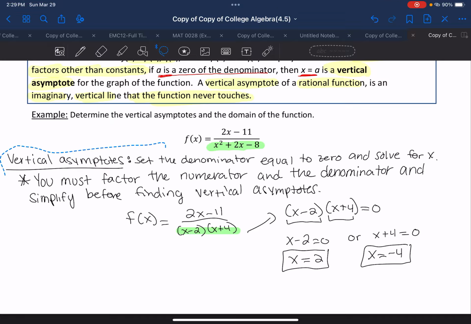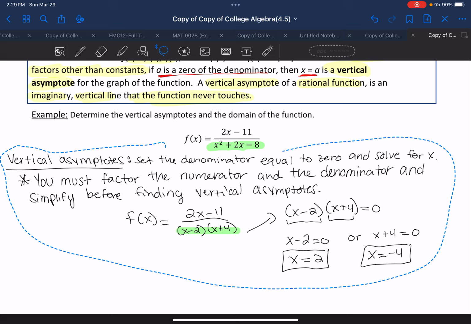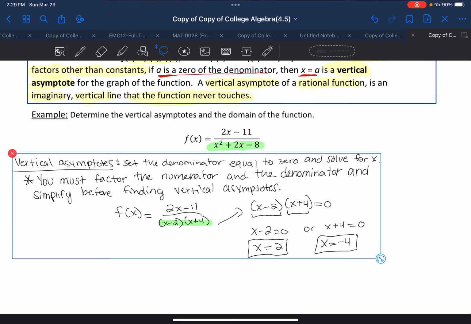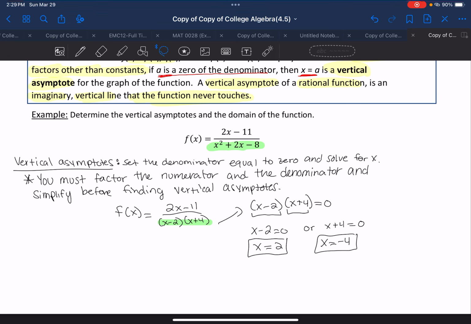Now let me make this a little bit smaller. And let's talk about the domain. So really, I just found my two vertical asymptotes, which are the values that make the denominator equal to 0.